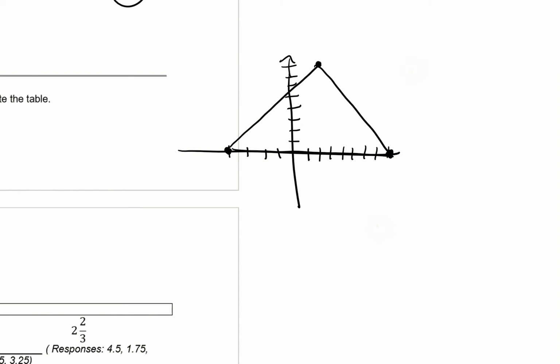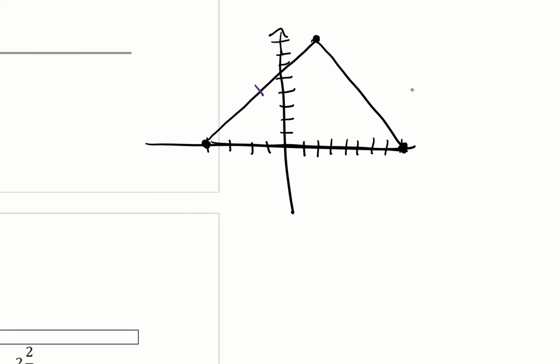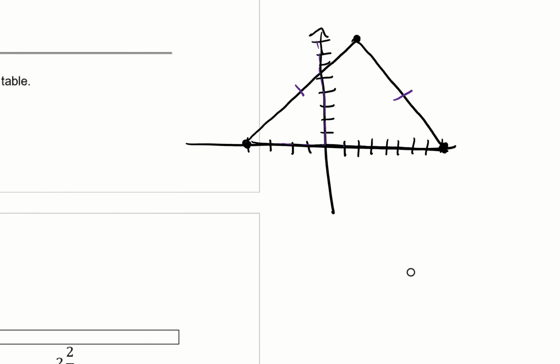And notice, even though it's not drawn very well here, these two sides are actually the same. And we can tell that because this is going up 1, 2, 3, 4, 5, 6, 7, 8. It's going up 8, and it's going over 1, 2, 3, 4, 5, 6. And it's going over 6 here. And similarly, this is going over 6 and down 8. And so those two sides are actually congruent. They're the same distance. All right, so that means we're dealing with an isosceles triangle.